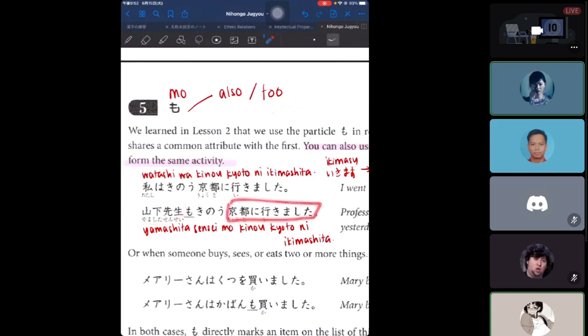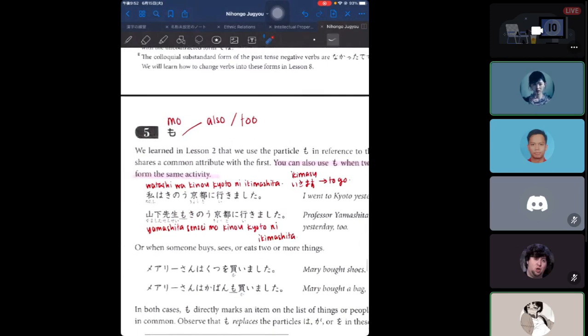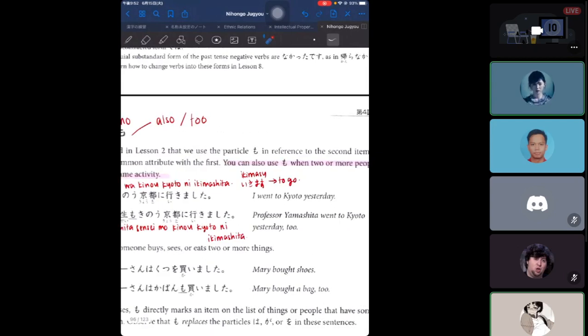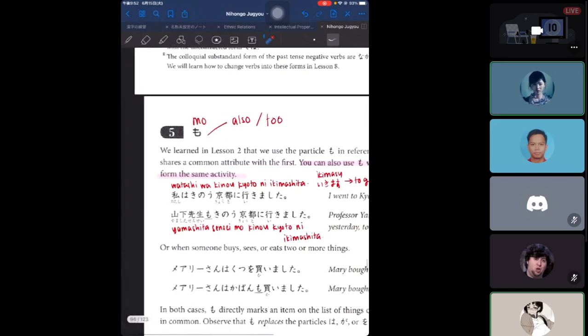The same activity that they did would be going to Kyoto. So if you want to say two people are doing the same activity, you use mo. Yamashita sensei mo Kyoto ni ikimashita. Basically it means Yamashita sensei also went to Kyoto yesterday, or Yamashita sensei went to Kyoto yesterday too.